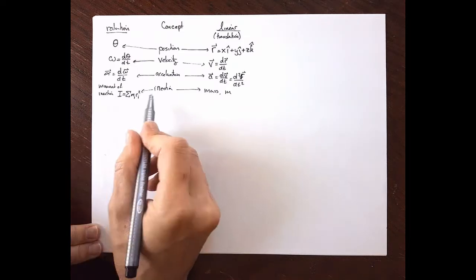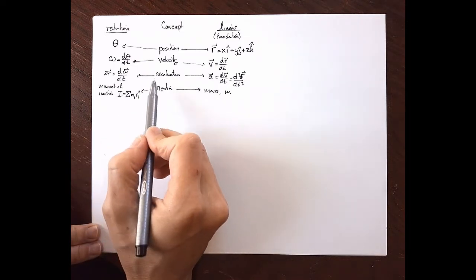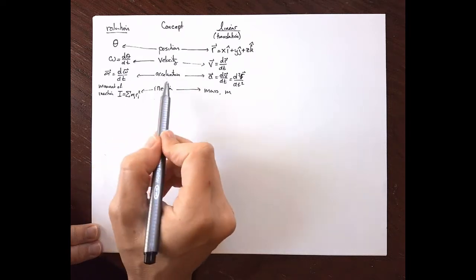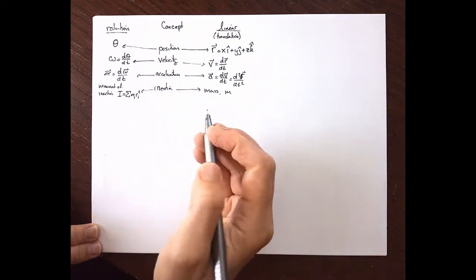So moment of inertia, and both of these guys are the thing that basically say how much acceleration you're going to get for a given force or torque on you.